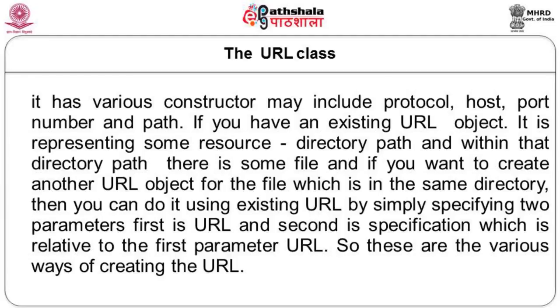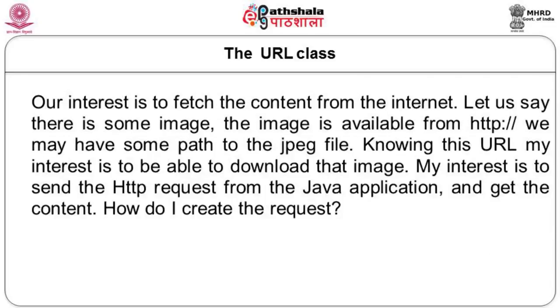Now coming to the point. Our interest is to fetch content from the internet. There is some image. I like that image. That image is available from http:// or whatever the whole path is, something.jpg.